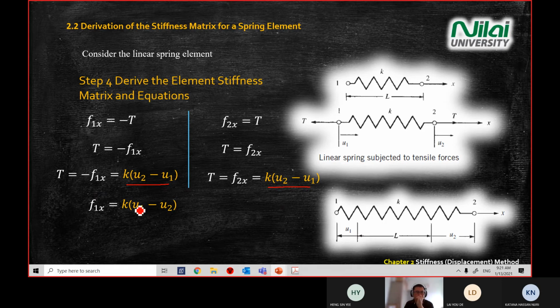You rearrange the equation, and you get K times U1 minus U2. Lai or Katana, are you alright with this equation? Yes. Understand why suddenly we flip the equation? You should be able to understand. Lai, you understand?